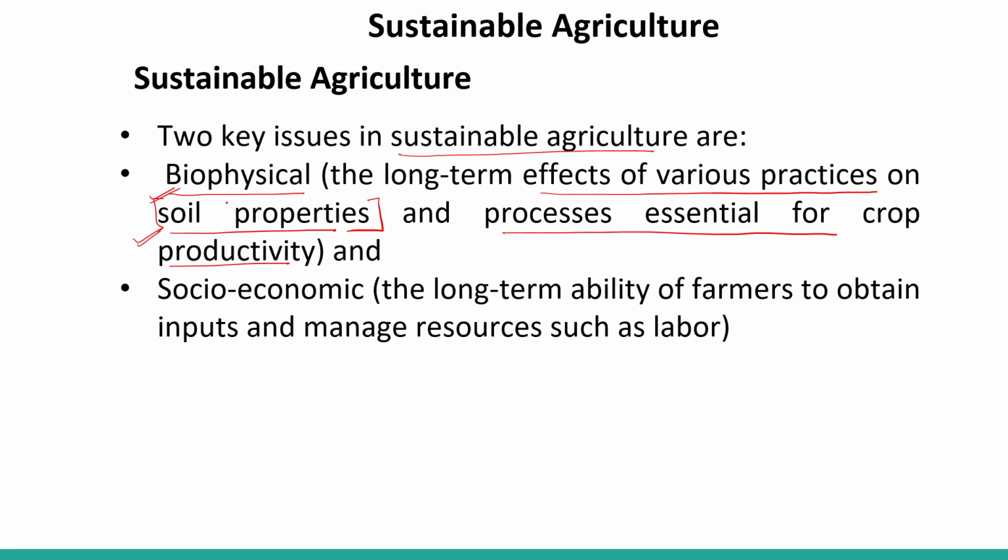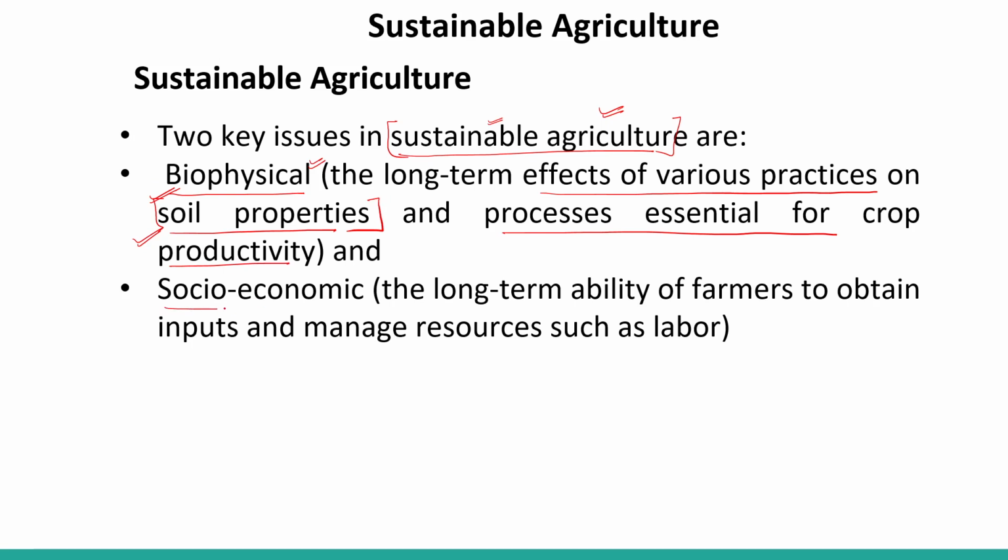Depending on that, our sustainable agriculture is affected. So if we are going for sustainable agriculture, then we must check the soil properties, whether the soil has the important nutrients or not. And if not, then what nutrients are we going to require, right? So this is the biophysical issue.